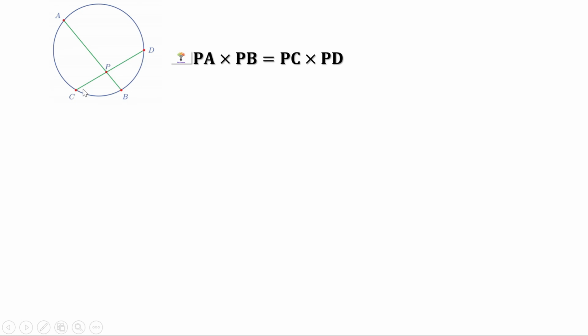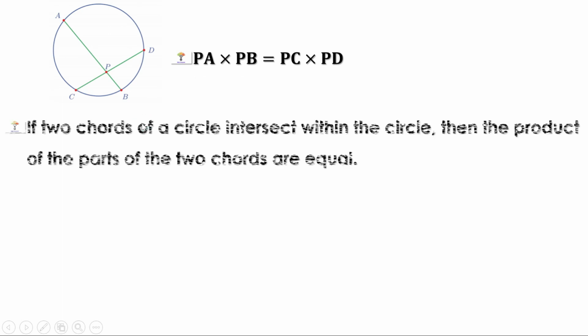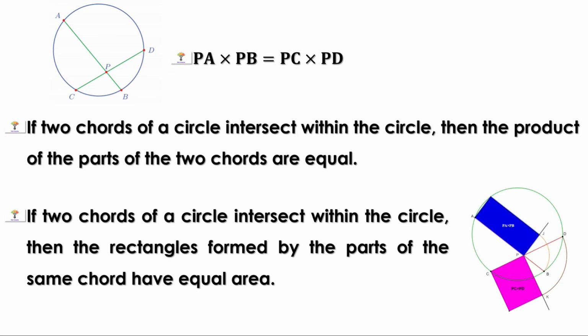If two chords AB and CD intersect at P like this, then PA into PB equals PC into PD. Or if two chords of a circle intersect within the circle, then the products of the parts of the two chords are equal. If two chords of a circle intersect within the circle, then the rectangles formed by the parts of the same chord have equal area.